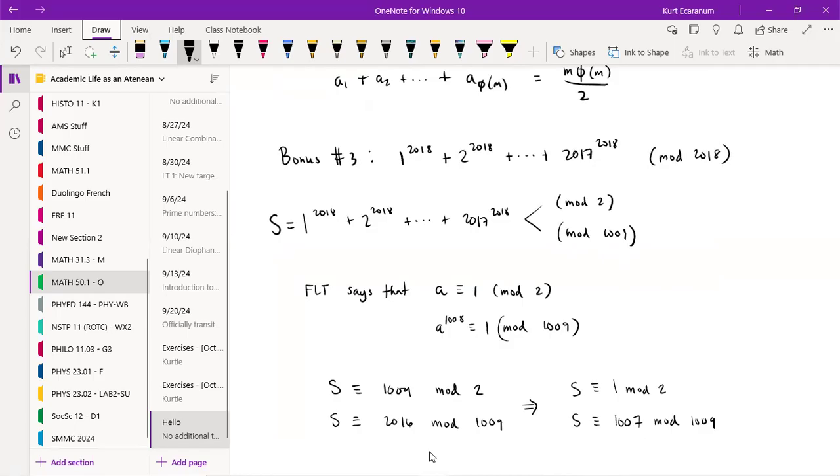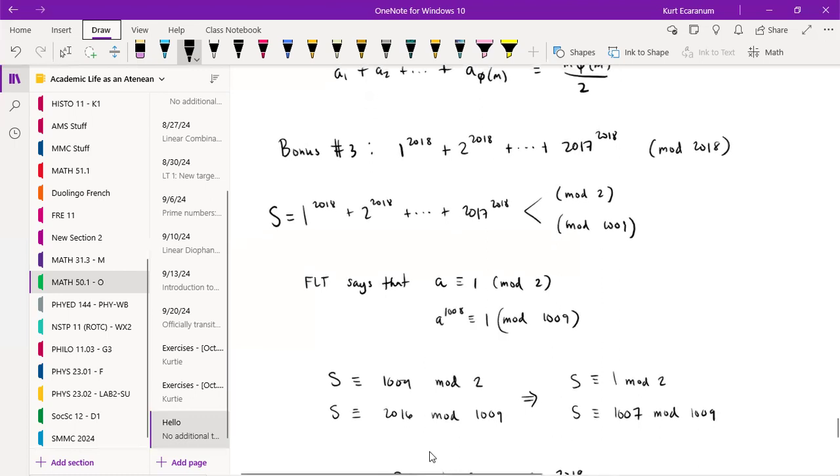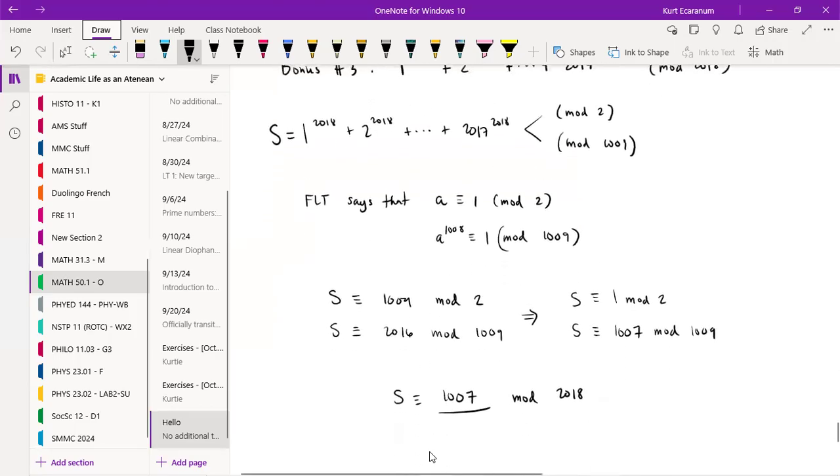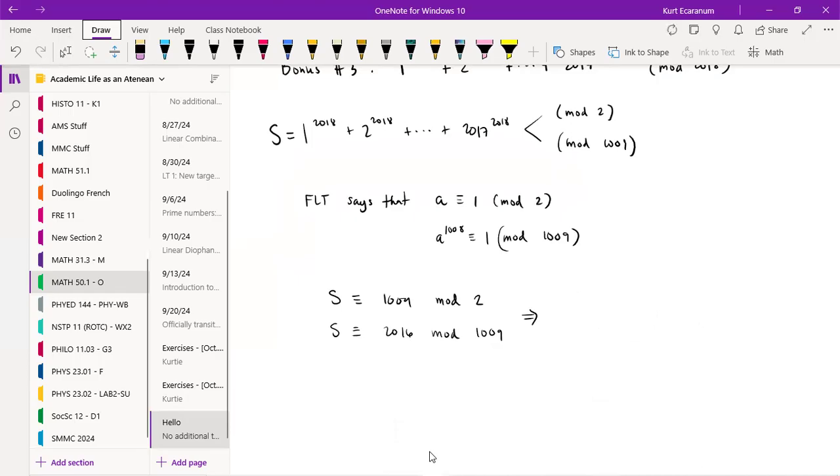So A to the 2016 is 1 mod 1009. Oh, wait a minute. Parang may nakalimutan ako. Whoa, whoa. Sorry. Hindi pa nakalimutan ko na square pala yun. Sorry. Para akong magsa-second guess sa sagot ko. Parang hindi to tama. Wait lang ha, wait.